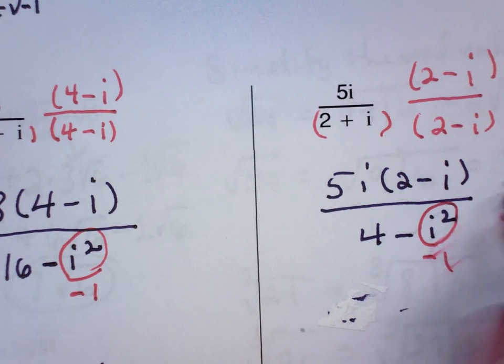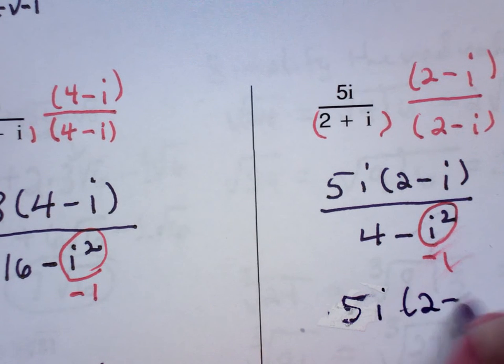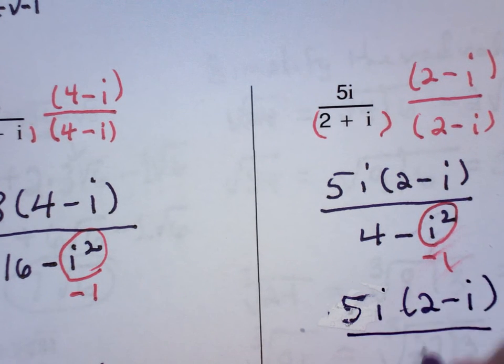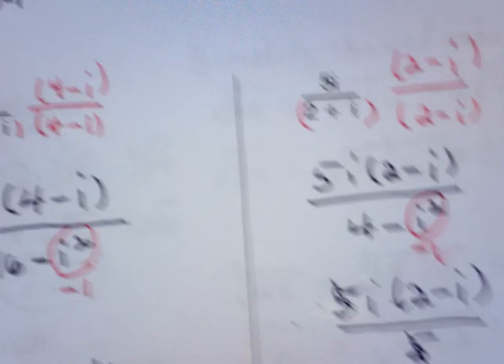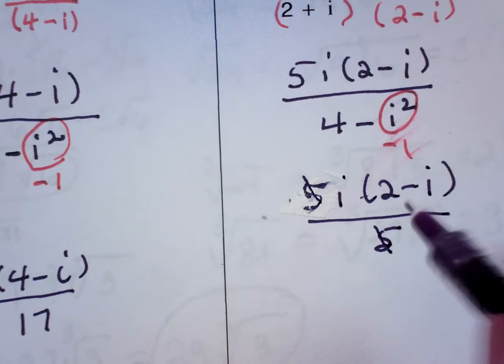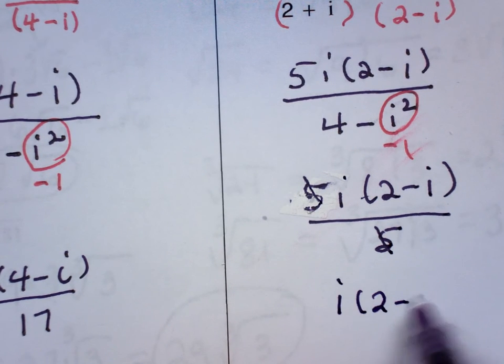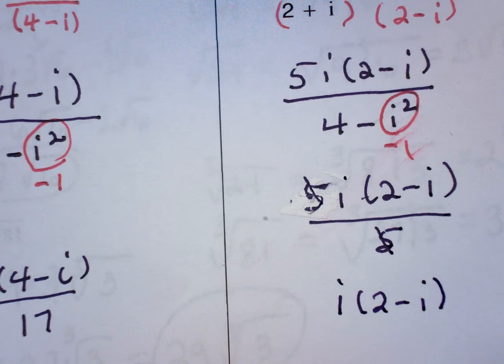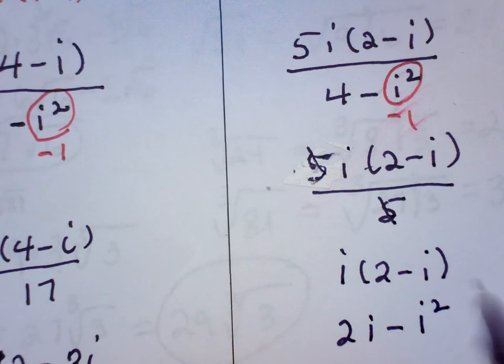And what she's saying is this: I'm going to come up with 5i times 2 minus i all over 5. So the 5 actually reduces out. So I have i times 2 minus i, or 2i minus i squared.